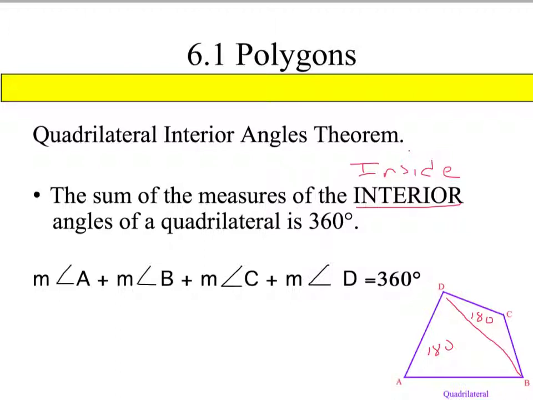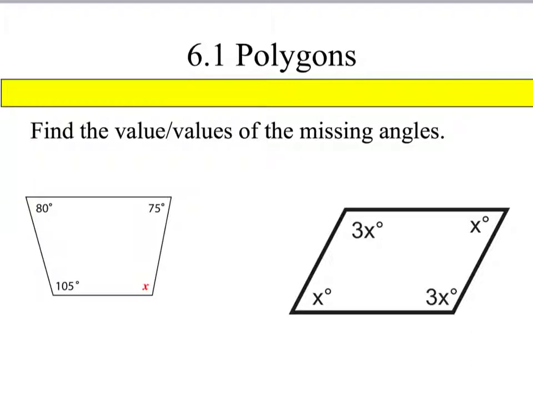So, because of that, the quadrilateral interior angles theorem, if you add up A, B, C, and D, it will always equal 360. Okay, so let's try a couple of problems. Remember this. If we look at this next one, it says find the value or values of the missing angles. These are 2 quadrilaterals. I want you to give these 2 a shot and pause.